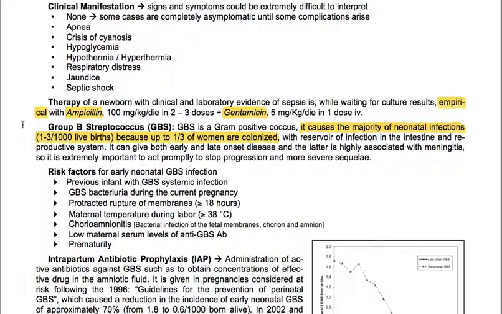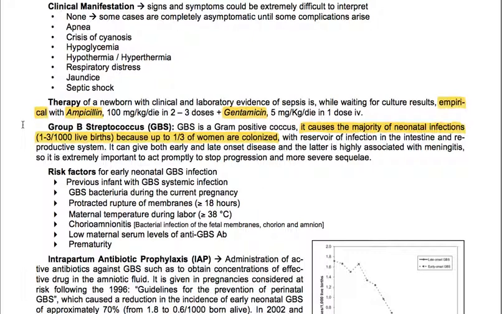Group B Streptococcus is a gram-positive coccus that causes the majority of neonatal infections, 1-3 per 1,000 live births, because up to one-third of women are colonized, with a reservoir of infection in the intestine and reproductive system. It can give both early and late onset disease. The latter is highly associated with meningitis, so it's extremely important to act promptly to stop regression and more severe sequelae.